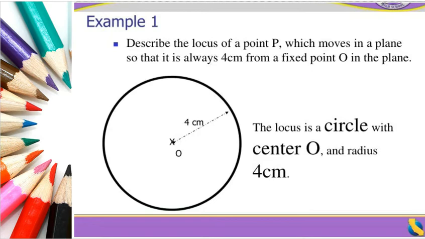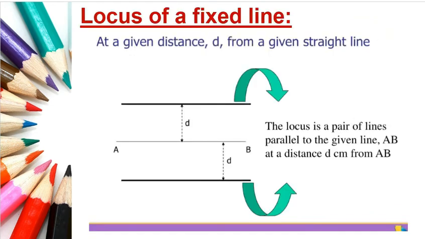When we draw a circle, all the points on the circumference will be equidistant from the center, or we can say all these points are 4 cm from the center of the circle. So locus of a single point is a circle and the measurement will be given in the question.